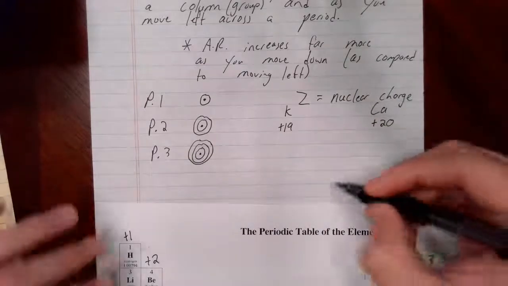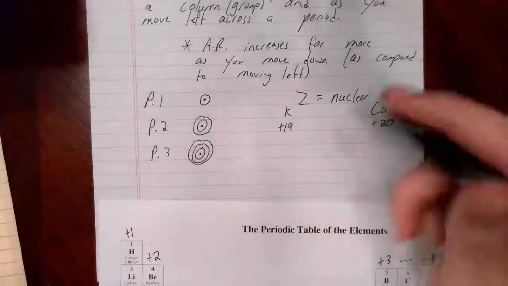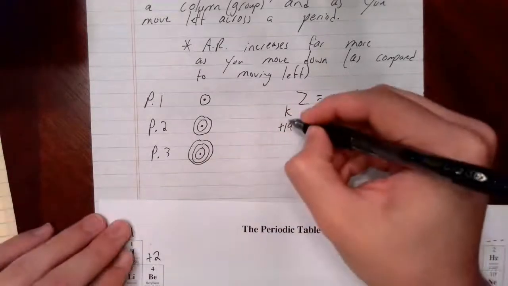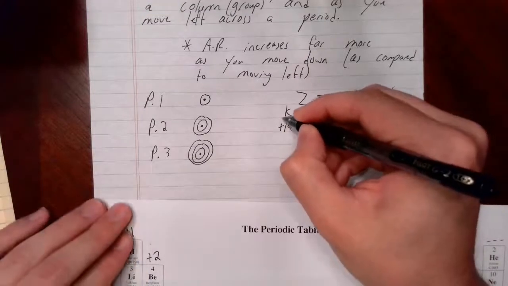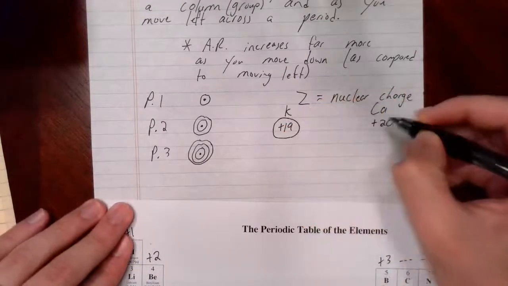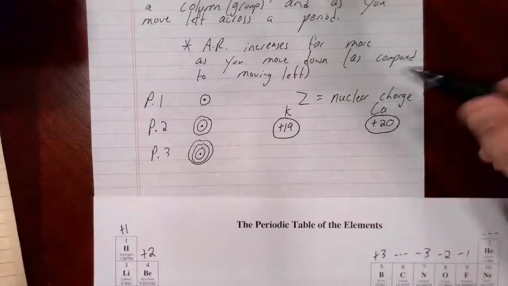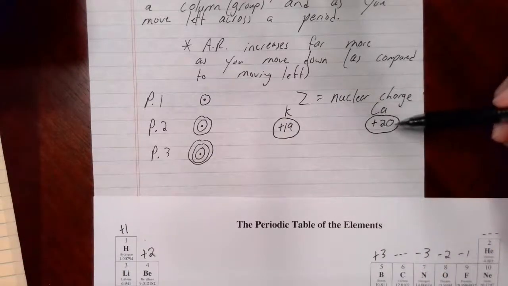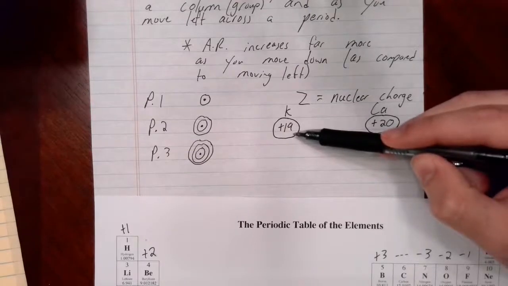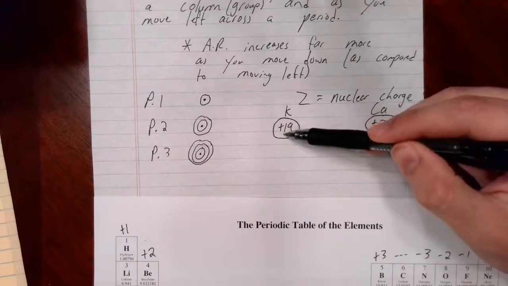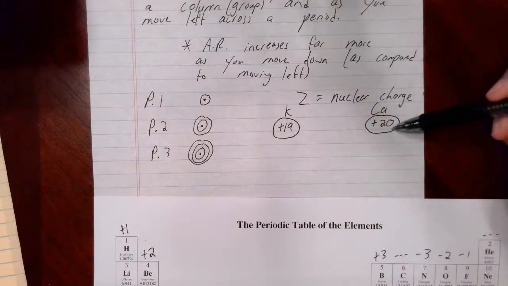So now let's think about these electrons. I'm not going to draw the first 3 energy levels, only the 4th energy level, so just pretend there are 3 below this. I have these electrons around it, and these aren't drawn to scale, I apologize. What do you think would be able to pull electrons in closer, a plus 19 charge or a plus 20 charge?